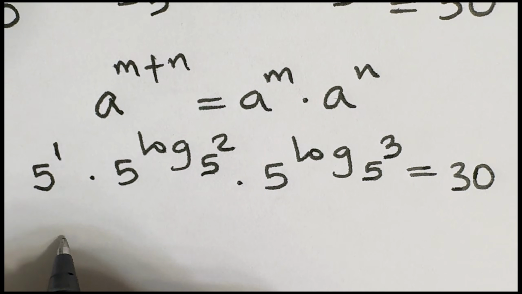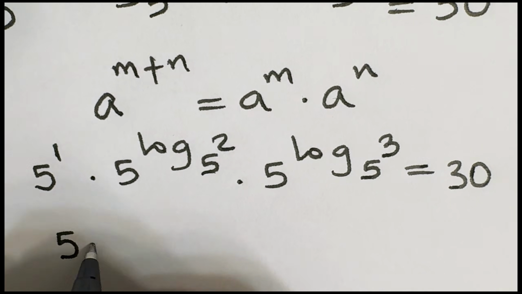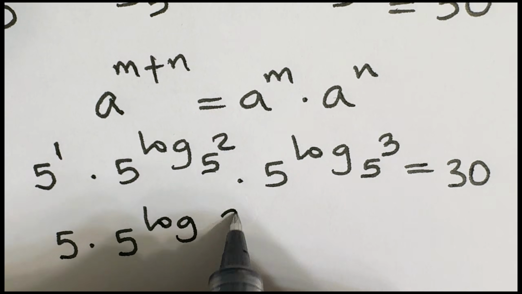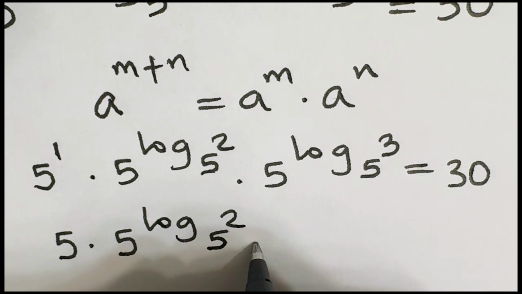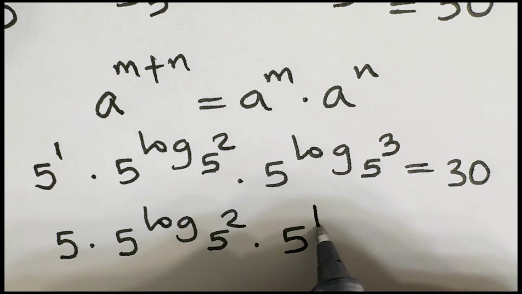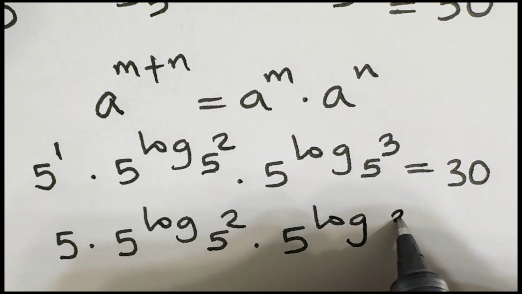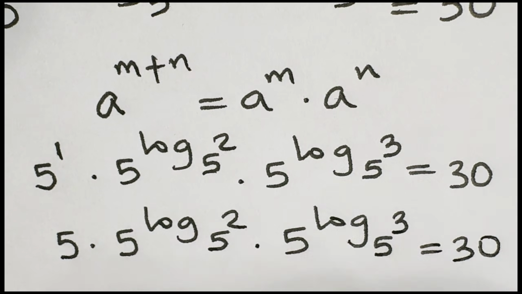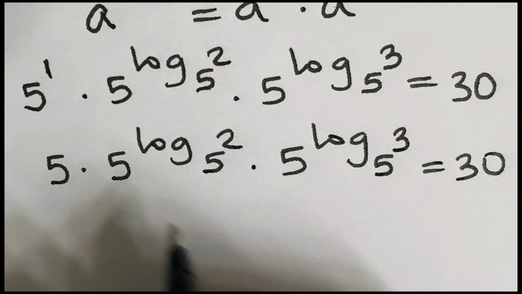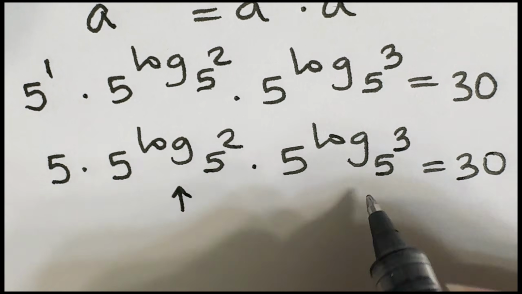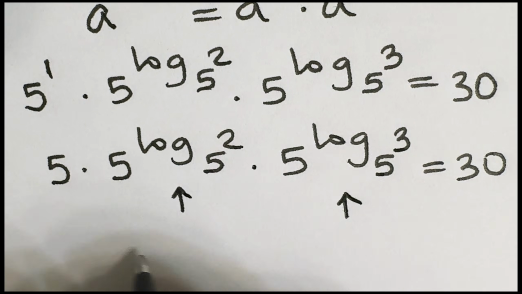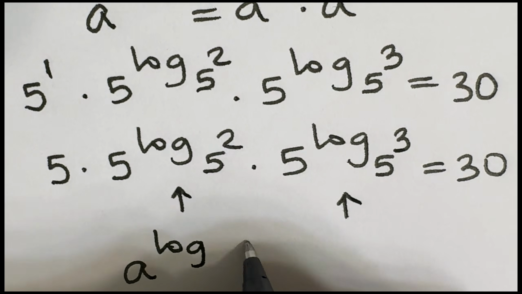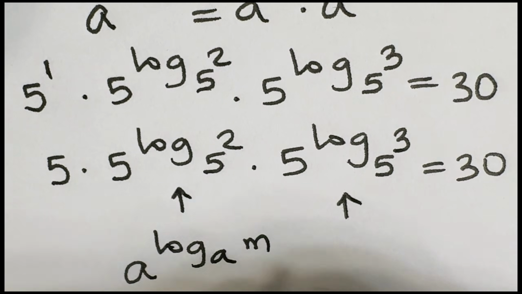5 raised to power 1 is 5, so we have 5 times, every other thing remains the same, 5 raised to power log 2 base 5, 5 raised to power log 3 base 5 to give us 30. Then we look at this expression as well as this expression. They are of the form a raised to power log m base a.